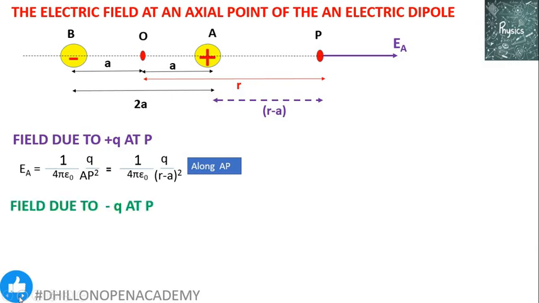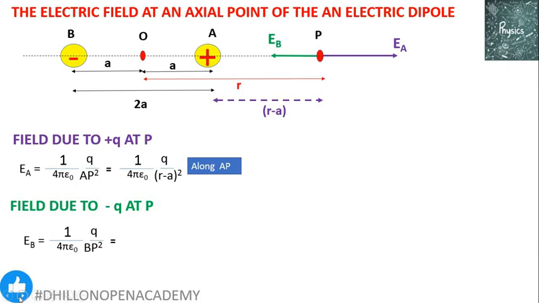Now we repeat the same procedure for negative charge. Suppose positive charge at A is not there, we are concentrating only on B and P. In this case, test charge Q0 at P will be attracted towards the point B along the line PB. That will indicate field of B at P is directed towards itself, that is EB. It will be equal to 1 over 4 pi epsilon naught Q over BP square.